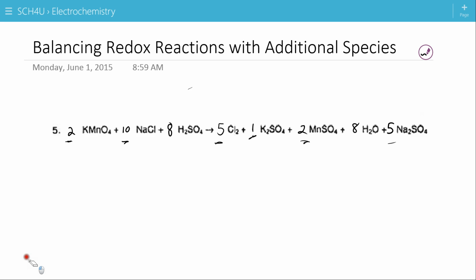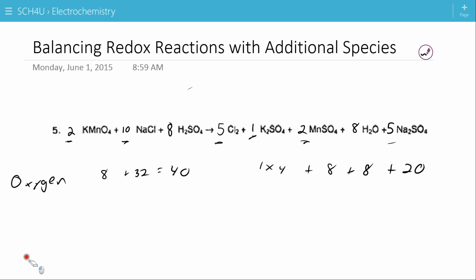So everything should be in balance, but as a check, I'll look at oxygen and just make sure that the oxygens on the left-hand side match the oxygens on the right-hand side, and if they're good, then I'm going to assume I'm balanced correctly. 2 times 4, I have 8 from that molecule. 8 times 4 is 32 from that molecule, for a total of 40 on the left-hand side. 1 times 4 plus 8 plus 8 plus 5 times 4, which works out to be 20.